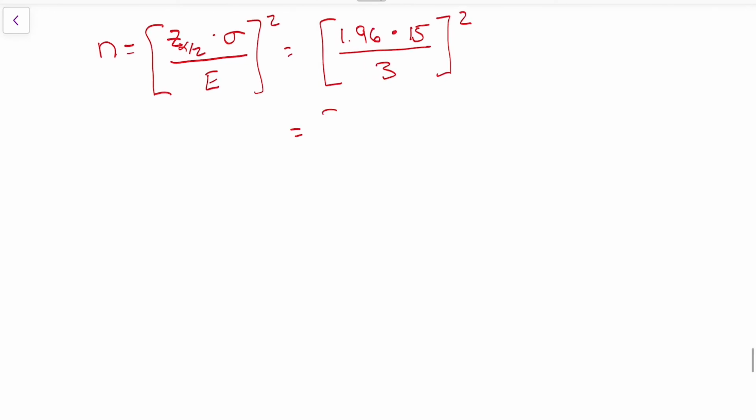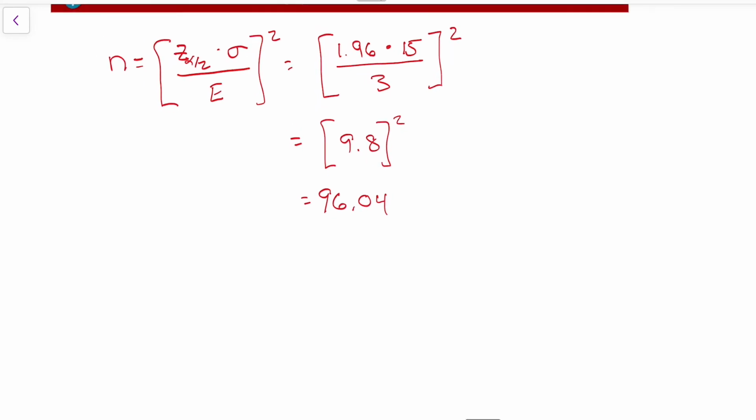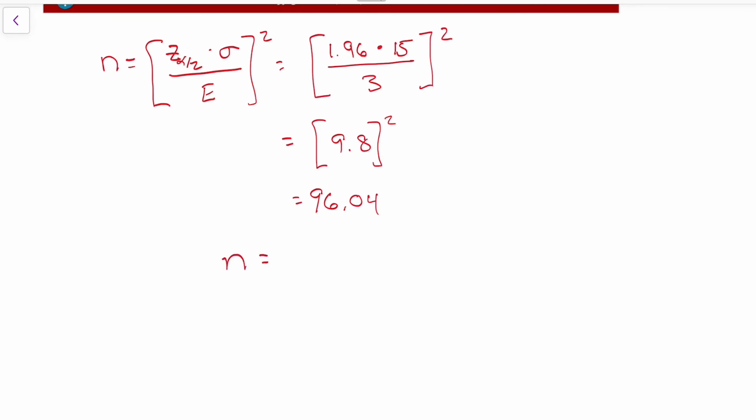If I compute this, I'll get 9.8 quantity squared to give us 96.04. And again, because this is dealing with the number of people we want to sample, I have to round up. So I'm going to get 97 total people in my sample.